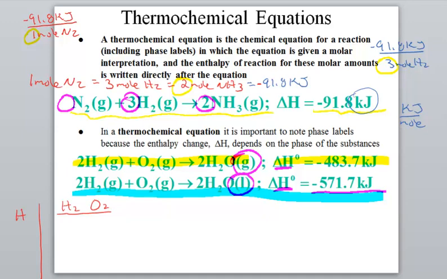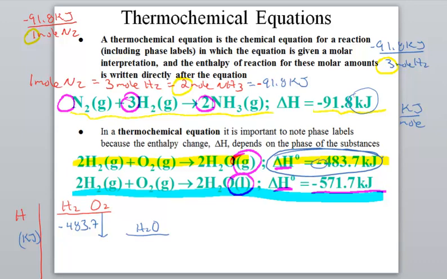If that hydrogen and oxygen in their gas phase reacted and formed gaseous water, that's an exothermic process, and the change of energy, it's negative, is 483.7 kilojoules for every 1 mole of oxygen that reacts, or for every 2 moles of hydrogen that reacts, or for every 2 moles of water that's produced, gaseous water. So putting that into our diagram, water's enthalpy is negative 483.7 kilojoules. It's that much less.